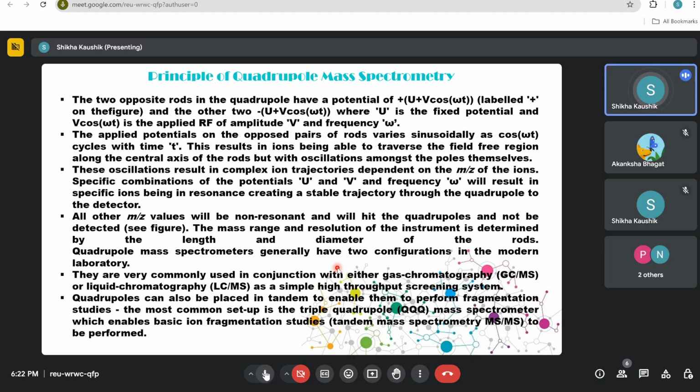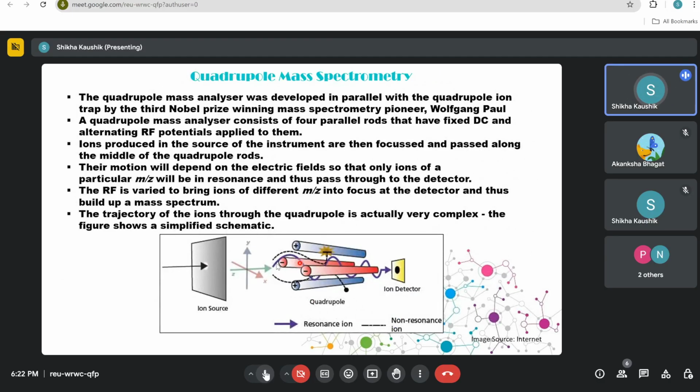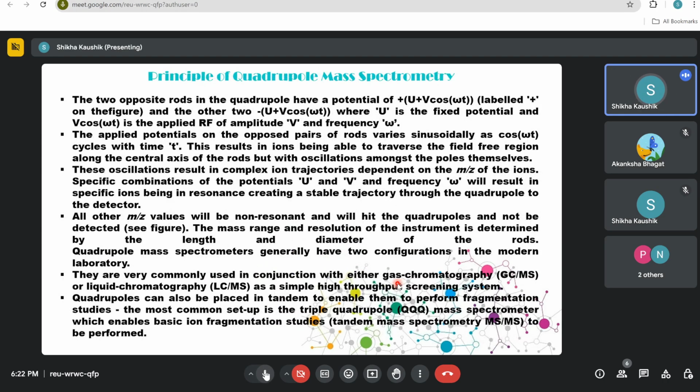This results in ions being able to traverse the field free region along the central axis of the rods, but with oscillation amongst the poles themselves. So if you could see here, there is a generation of an axis in between these rods, and there is a proper wave-like movement of these ions.